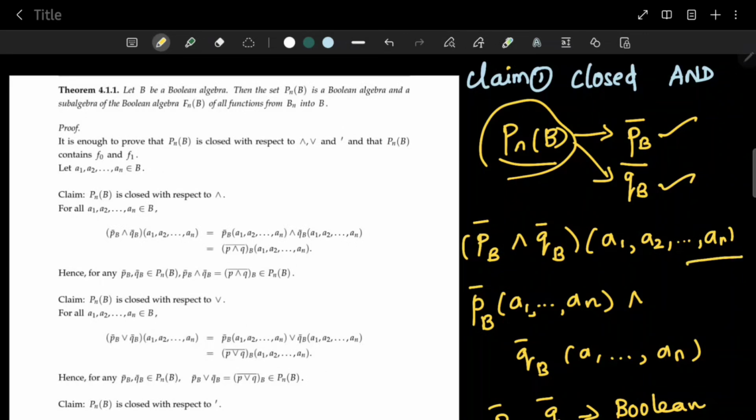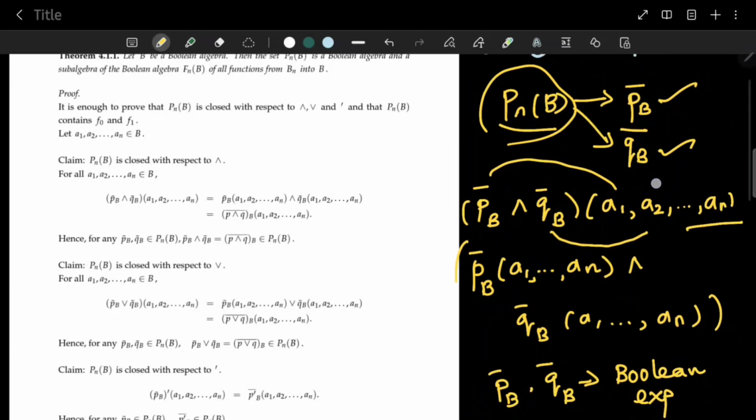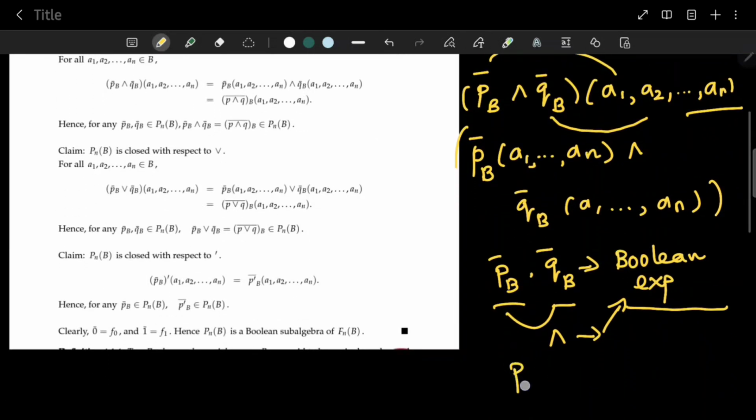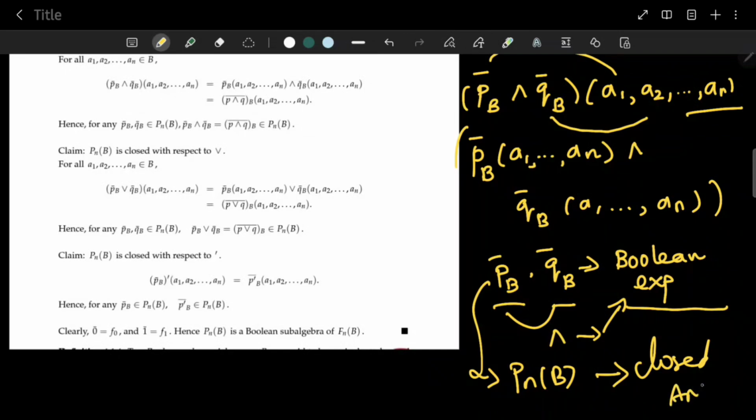That means p(a1, a2, ..., an) and q(a1, a2, ..., an) are combined under the AND operation, that is, join. Since both p and q are Boolean expressions, combining them with this operation still gives us a Boolean expression. So it stays inside P_n(B). Hence it is closed under AND.